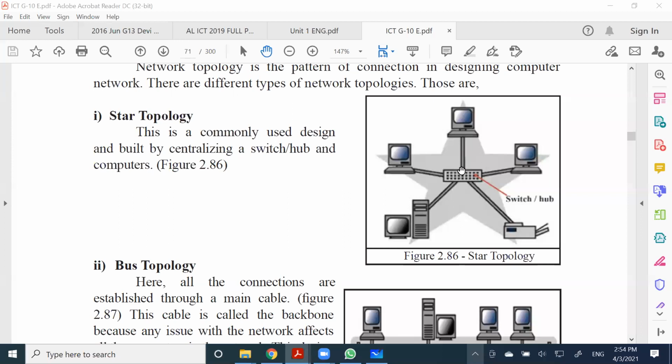If this particular computer needs to communicate with this one, it needs to send the data to the switch or hub, then it will be sent to the particular computer. So that is what you call the star topology. It has a central device, and every other device which needs to be networked is connected with it.